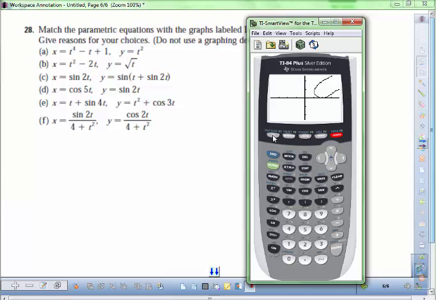So I'm going to go back to the t window and specify that I want to go from 0 to, let's go to 5 for now, and then the y min at 0 and the y max at 5. All right, so it looks like this.